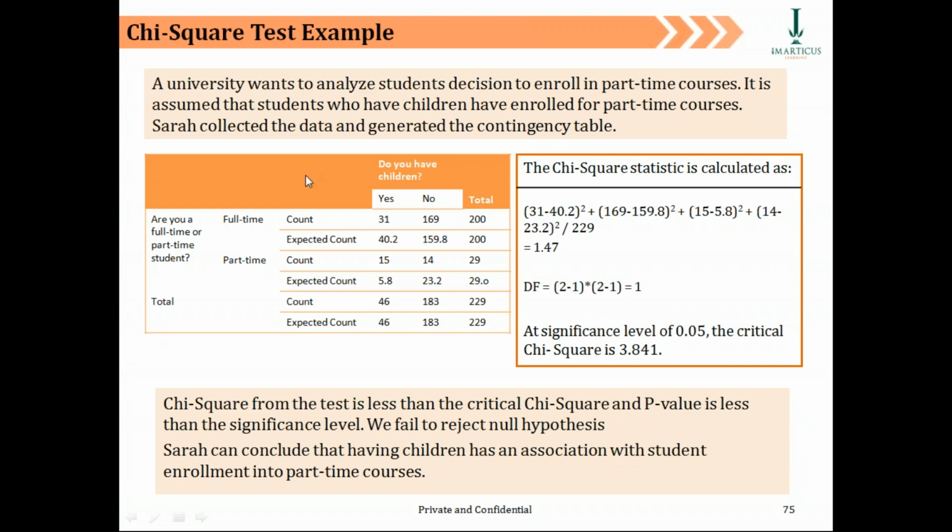Now here it is summing up. 31 plus 15 is 46, and it is calculating the expected frequency the same way we calculate it. And here there are 2 rows and 2 columns, that's why degree of freedom is calculated as 2 minus 1 multiplied by 2 minus 1. It is the same process, similar calculation.